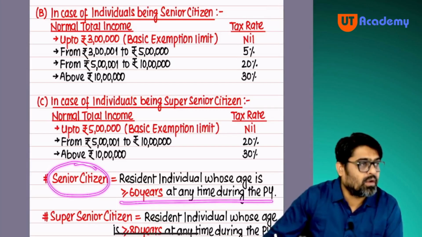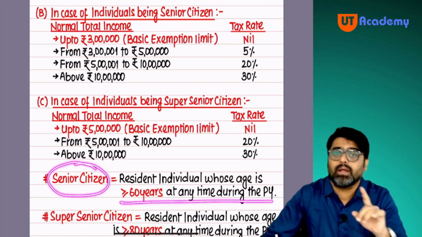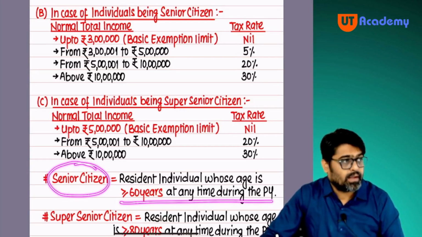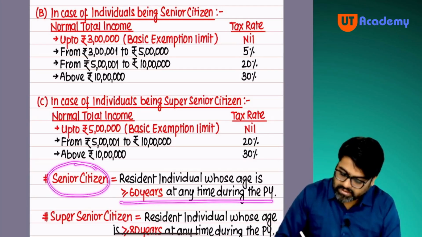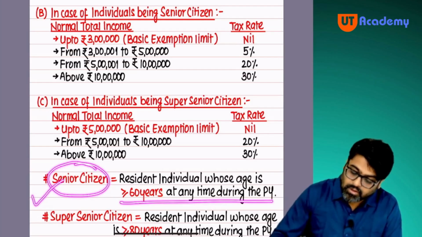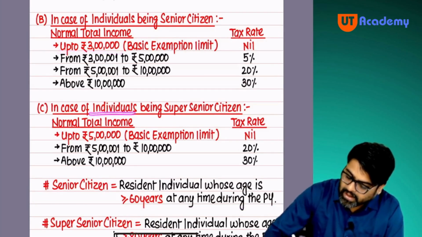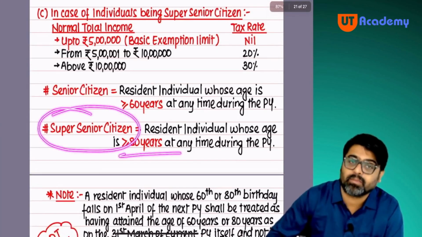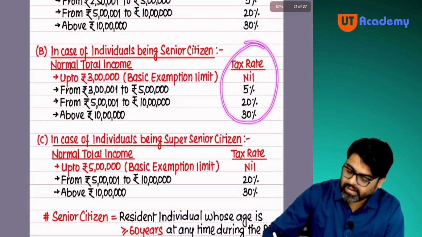An individual whose age at any time during the previous year is 60 years or more, and he is a resident also. Yes or no? That type of individual will be a senior citizen. So for him, the basic exemption limit is 3 lakhs. Now, an individual being a super senior citizen. Who is a super senior citizen? I have already explained and it is written here. Every other thing remaining the same.